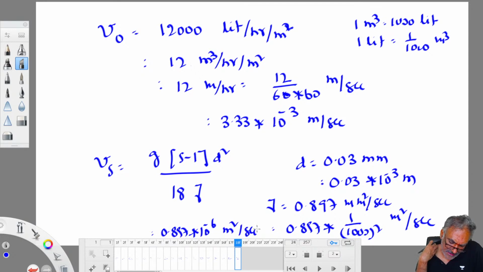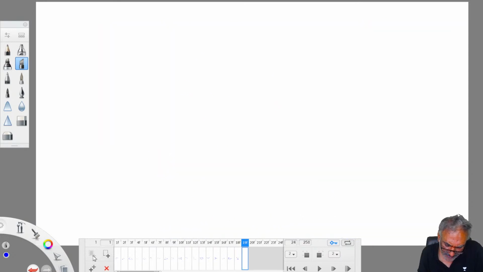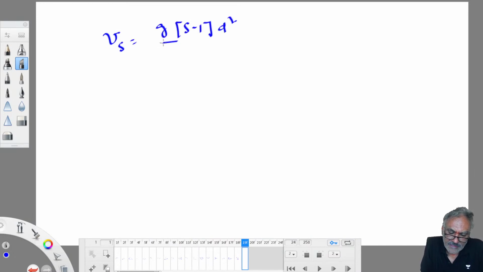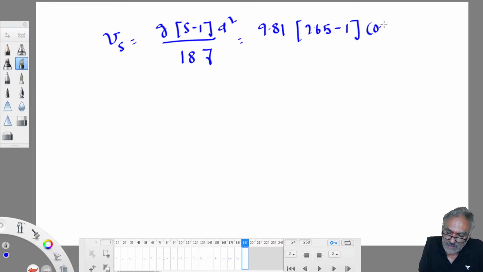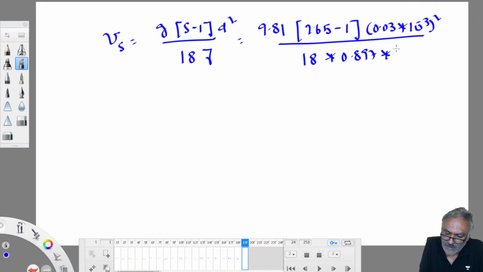Now let us work out the settling velocity of the particle. Settling velocity of particle is equal to G into (S minus 1) d square by 18 nu. So G is 9.81, specific gravity is 2.65 minus 1, 0.03 into 10 power minus 3 whole square by 18 into 0.897 into 10 power minus 6 meters per second.